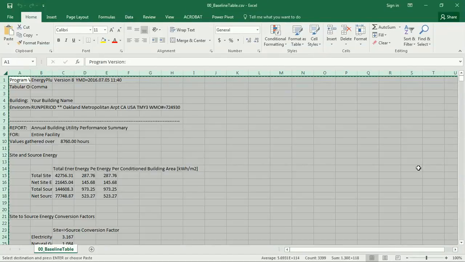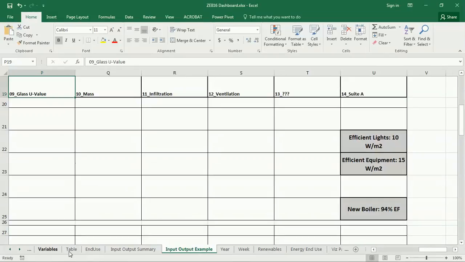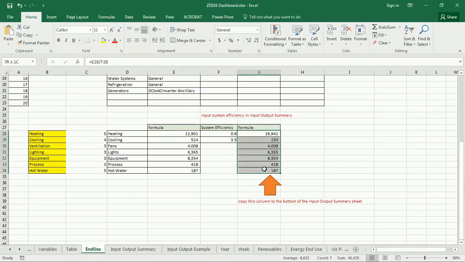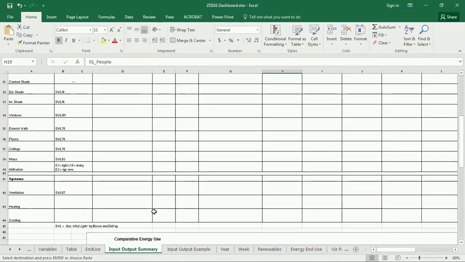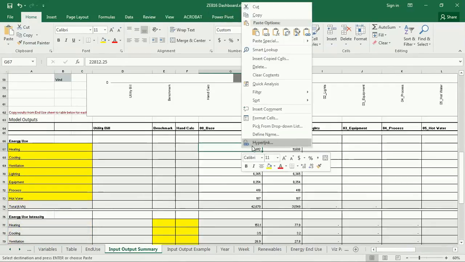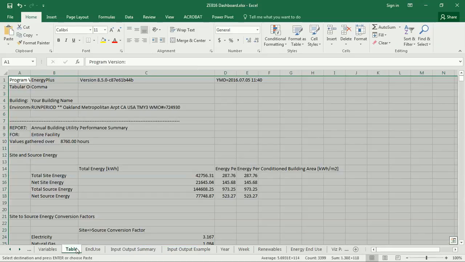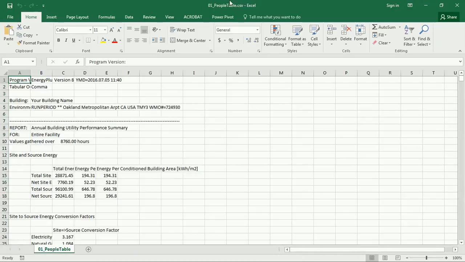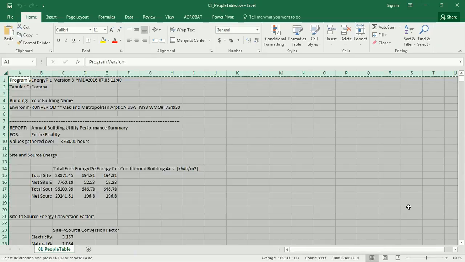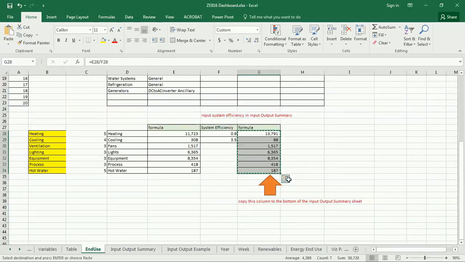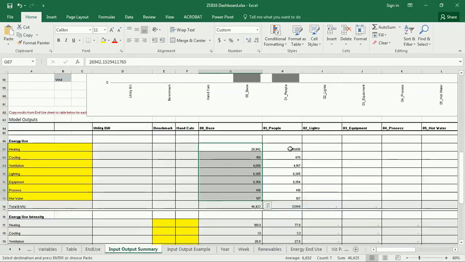I'm going to copy this into my dashboard under table, go to end use, copy this to your input-output summary, your graph, then go back to table, go to the next table, 01 people table, copy these, go back to the dashboard, copy, go to end use, copy these over to people.